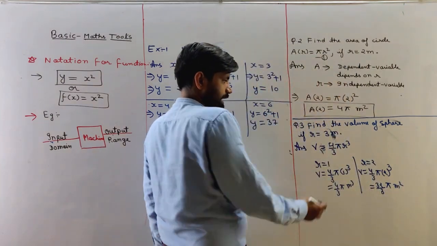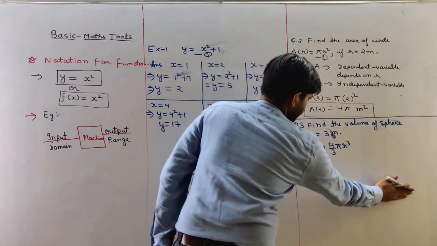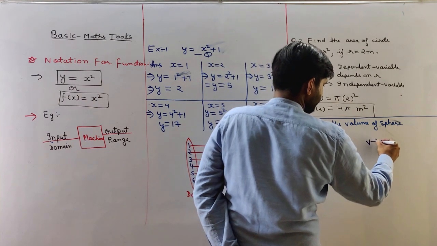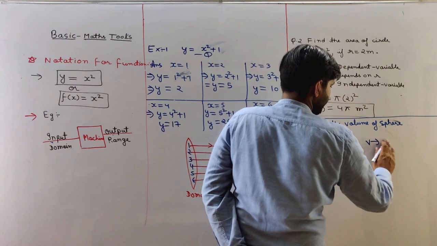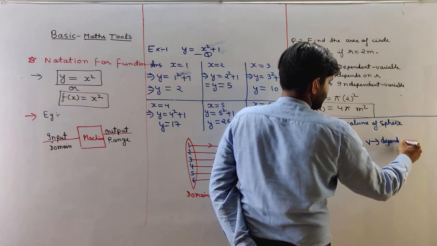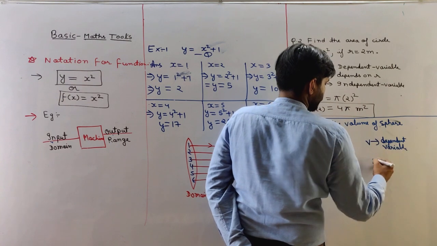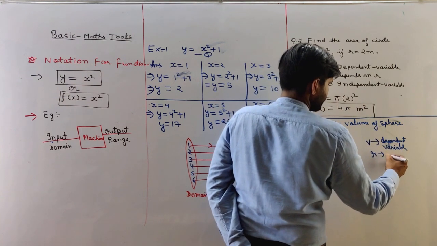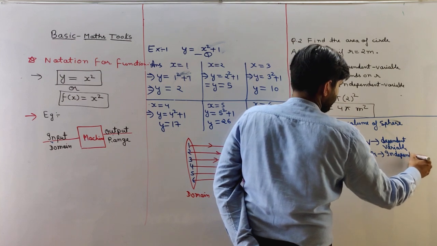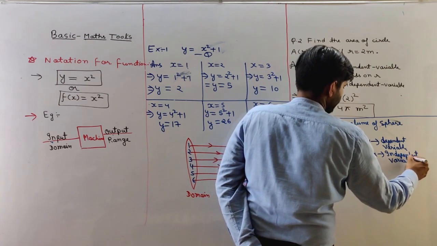Understand? So here r is an independent variable and volume is a dependent variable. So my volume is a dependent variable, and radius is an independent variable. Okay.